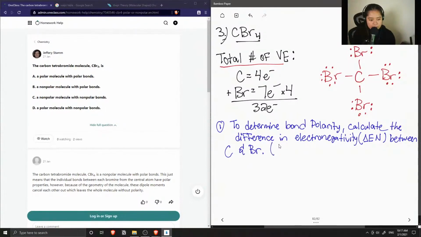So for example, if our difference in electronegativity is less than or equal to 0.4, then we know we have a nonpolar bond. And if our difference in electronegativity is greater than 0.4, but less than 1.69, then we know we have a polar bond.